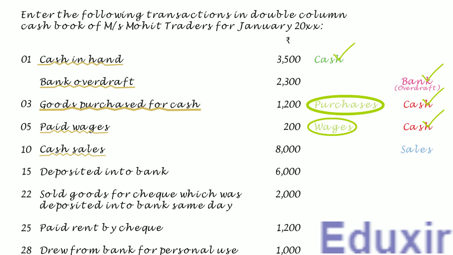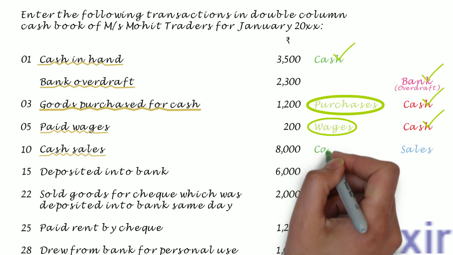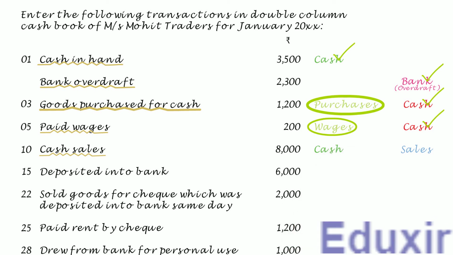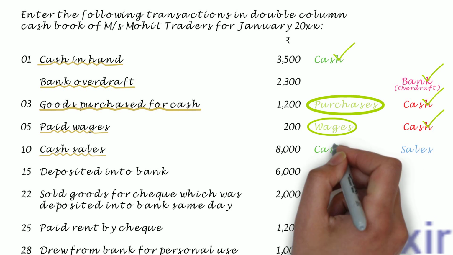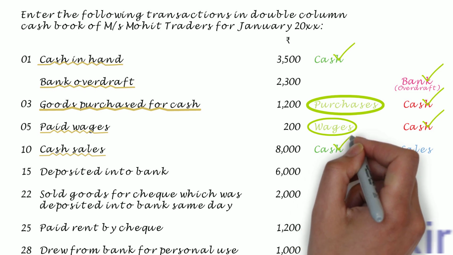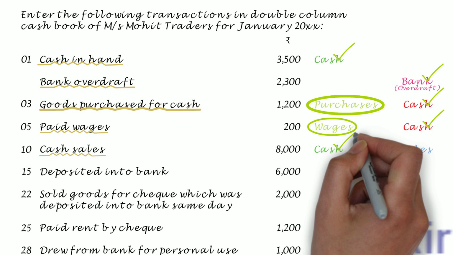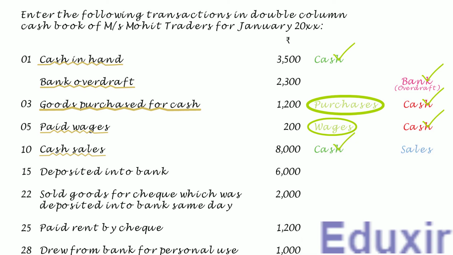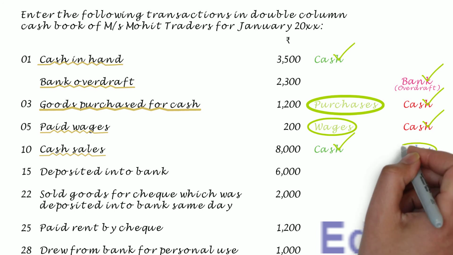The rule to record any increase in the asset is to debit the corresponding assets account. In this case, the cash account should be debited. In this transaction, as you can see, the cash is on the debit side. So, it needs to be posted on the debit or receipt side of the cash book and in the cash column. Note that the particulars that need to be posted into the receipts column of the cash book is sales.